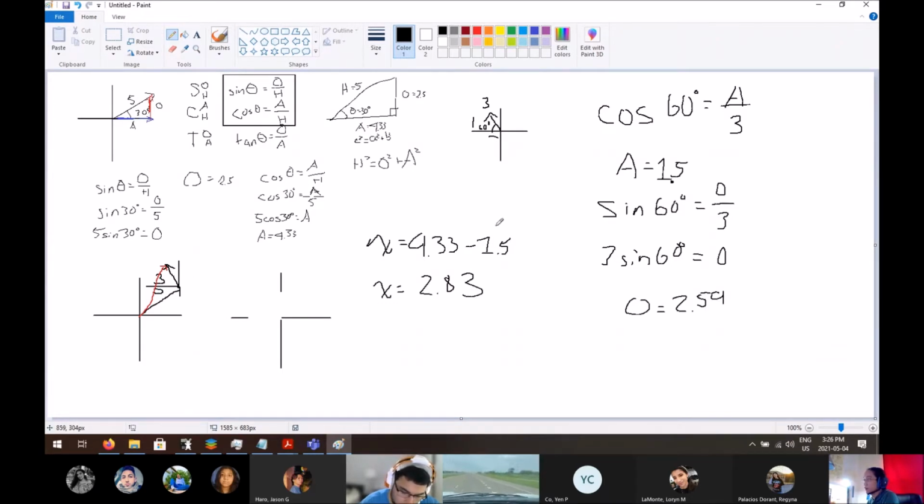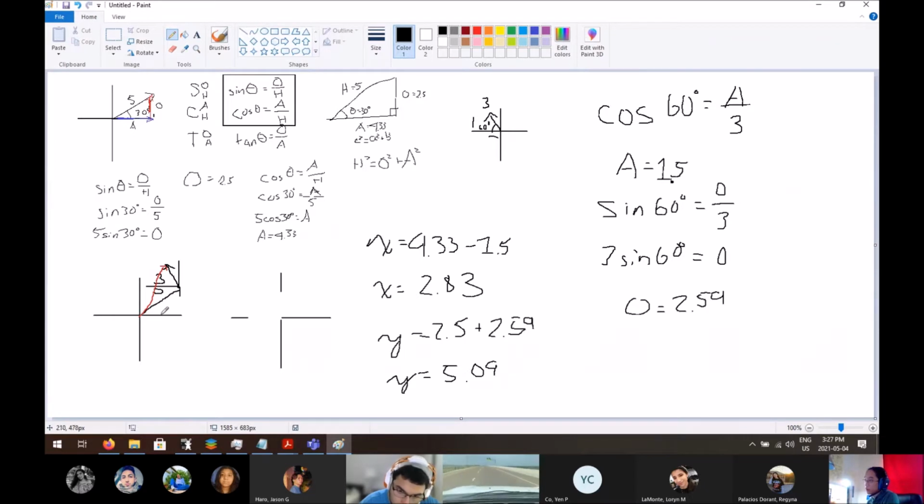Fun stuff. Now let's do y. O for this one is 2.5, and the opposite for this one would be 2.59. So y would equal 5.09. Right, fun stuff. And that seems about right.